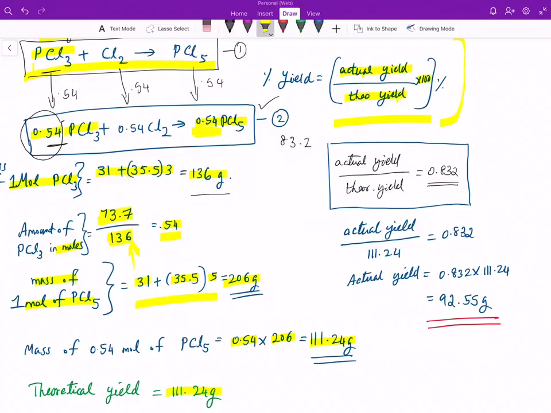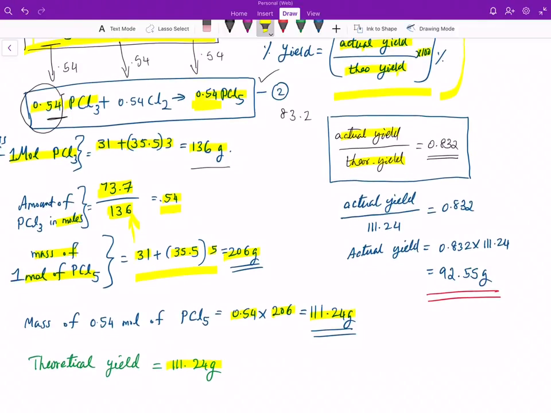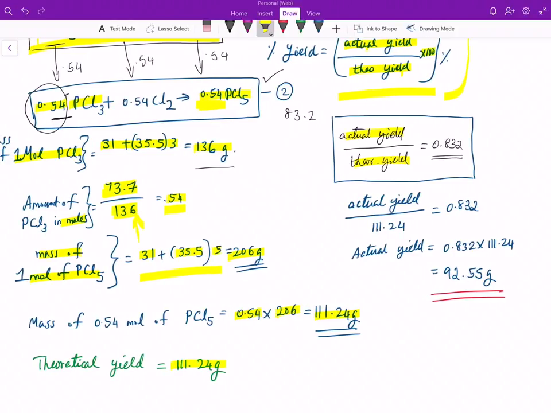Okay, so actual yield divided by theoretical yield equals 0.832. Now it is easy to calculate the actual yield. Actual yield equals, you just in this equation, you substitute the values, substitute the unknowns in this equation with the values that you just calculated.